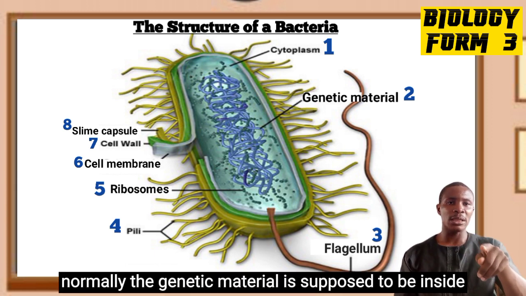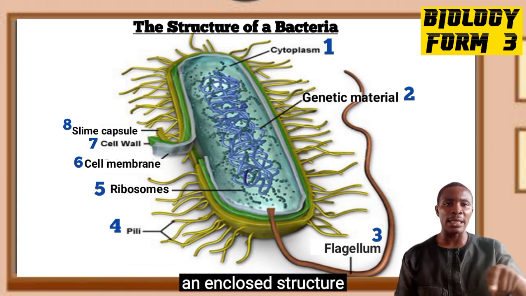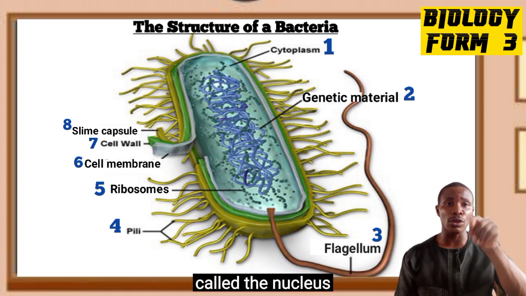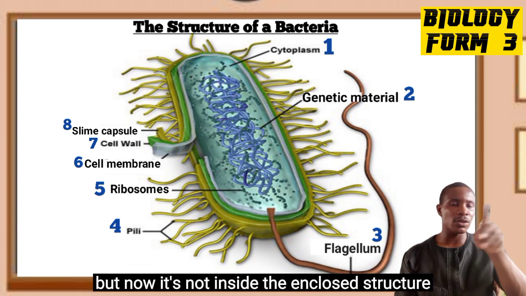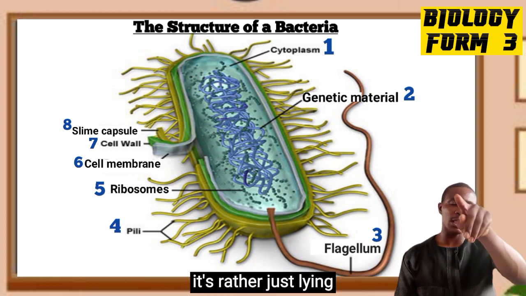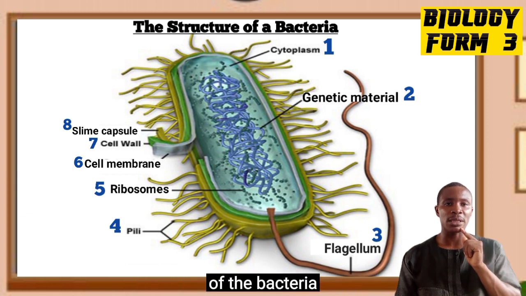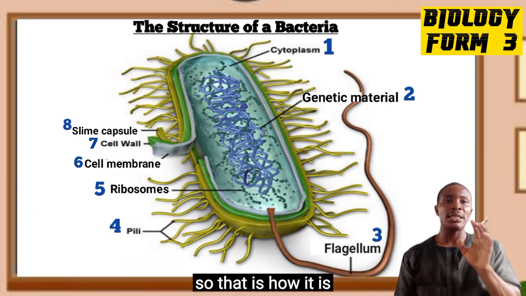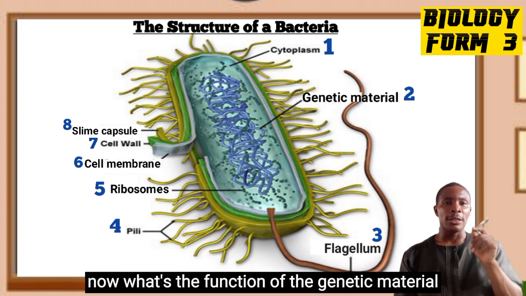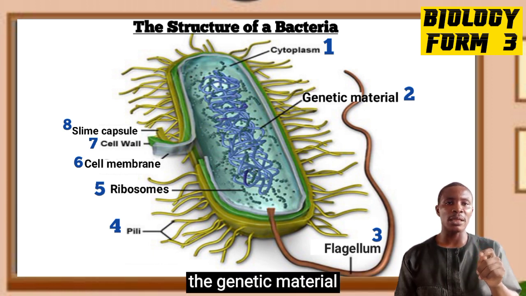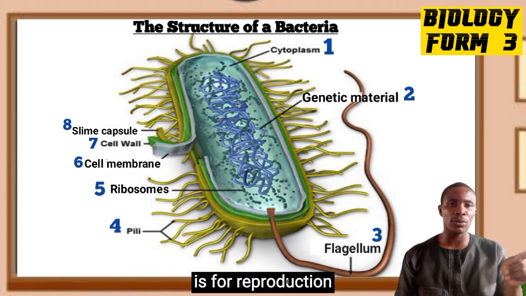Normally, the genetic material is supposed to be inside an enclosed structure called the nucleus. But now, it's not inside that enclosed structure, it's rather just lying in the middle of the cytoplasm of the bacteria. So that is how it is for bacteria. Now, what's the function of the genetic material? The genetic material is for reproduction.